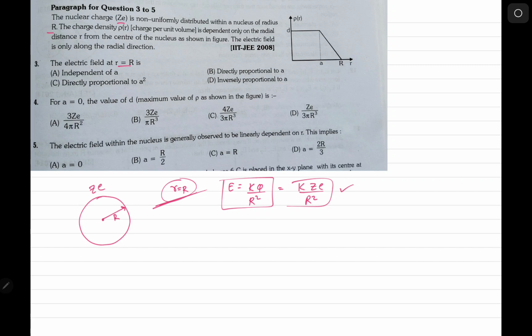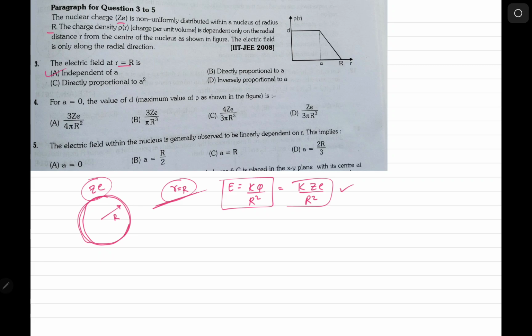Because we are calculating the field on the surface, we have to take the entire charge of the body. How the distribution took place within the body doesn't matter, because in the end we need the total charge, which is nothing but Ze. If you want to calculate at a certain distance inside the sphere, then we see the variation. Getting my point? So the electric field is independent of A, so option A is correct.